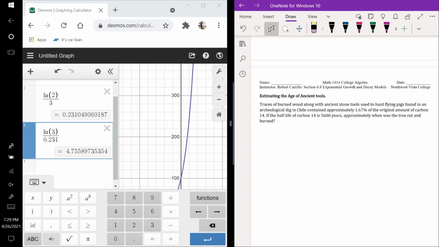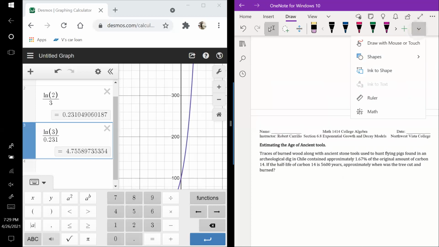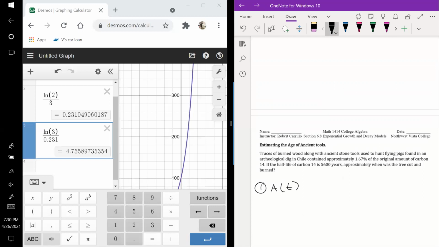But let's go ahead and list some of the clues they're giving us. Okay, so the first clue, we'll say clue 1. It says that the tools they found contained approximately 1.67% of the original amount of carbon-14. So this means that after some time t, there was 0.0167 of the original amount left, of the initial amount left of carbon-14.